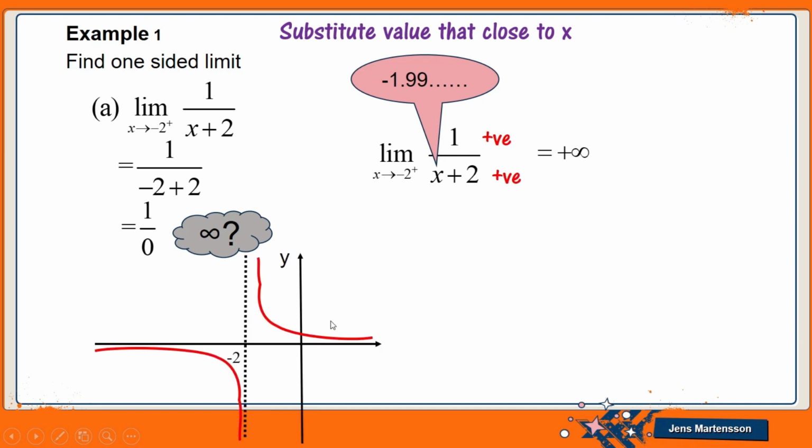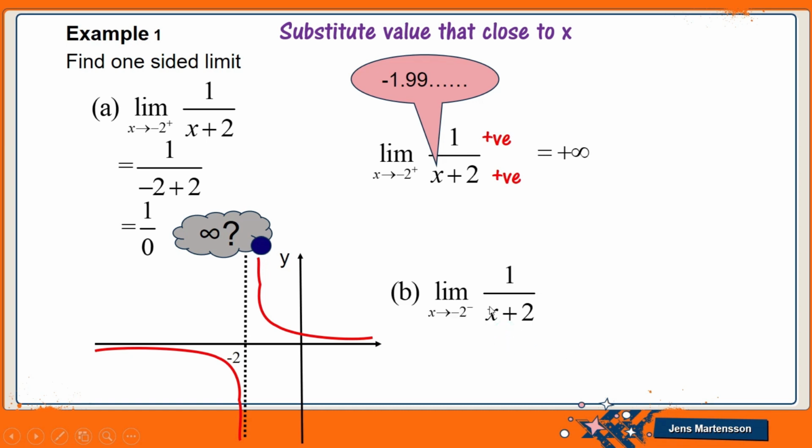When we look at the graph, we can see that when x approaches negative 2 from the right, the graph approaches positive infinity.